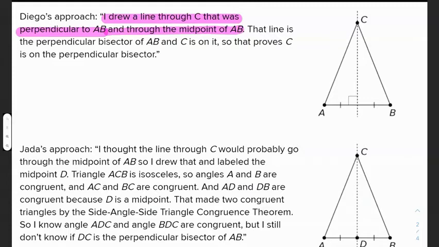So notice how he marked the points there. And for giggles, I'm just going to label this D, although he did not. But he does have the fact that AD in this situation is congruent to BD, right? So he has some sides there that are congruent.